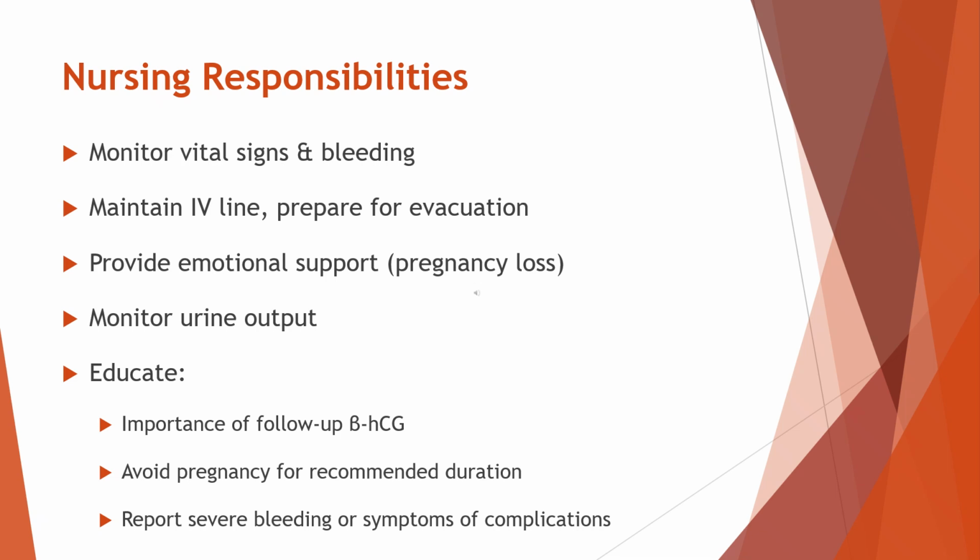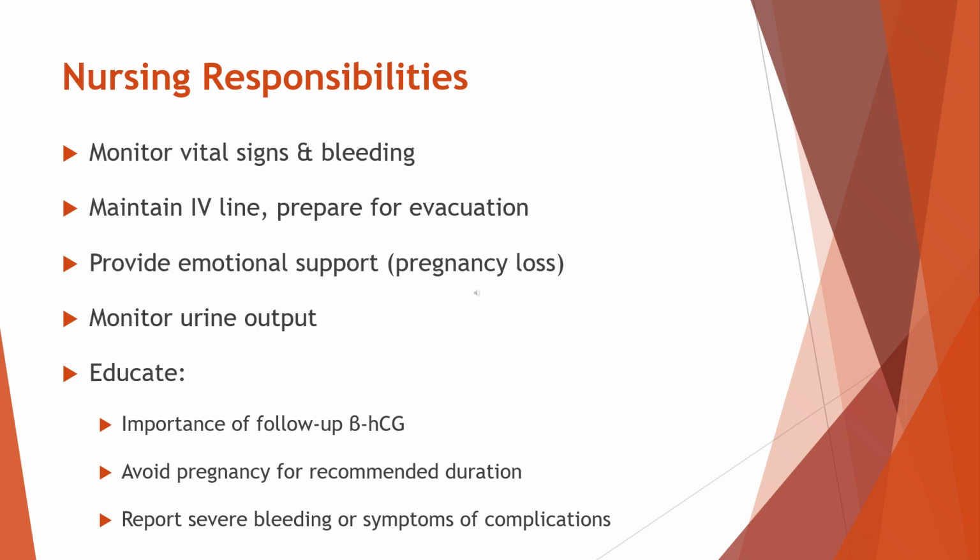The nurse should also monitor urine output, as it helps assess the patient's hydration status and kidney function, especially if bleeding or vomiting is present. Education is another key role. The patient should be informed about the importance of following up with beta-HCG tests to ensure complete recovery.